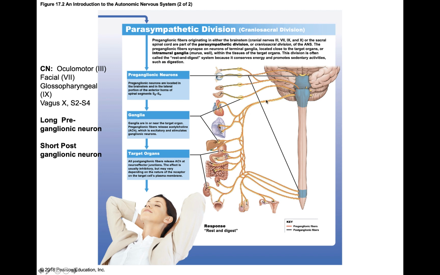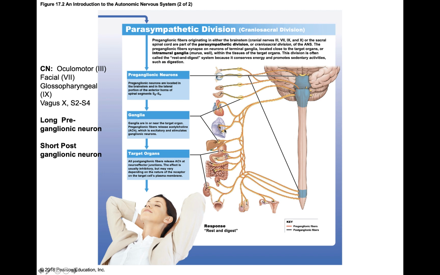So that's the preganglion fiber, and it's synapsing onto a postganglion, which is really small here. Another thing that's different is the ganglia. For the sympathetic division, the ganglia was located close to the spinal cord or the vertebral column. Here we do have the ganglia, but it's located near the target organ, not near the vertebral column.